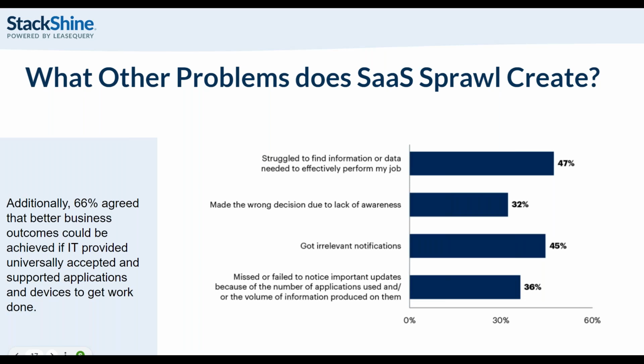Digital workplace leaders need to create a process, which we'll talk about today, that enables employees to agree on the applications they use to accomplish work. So the ultimate result of SaaS sprawl is employees struggling to find information, security issues, making wrong decisions, getting irrelevant notifications, and missing important things.